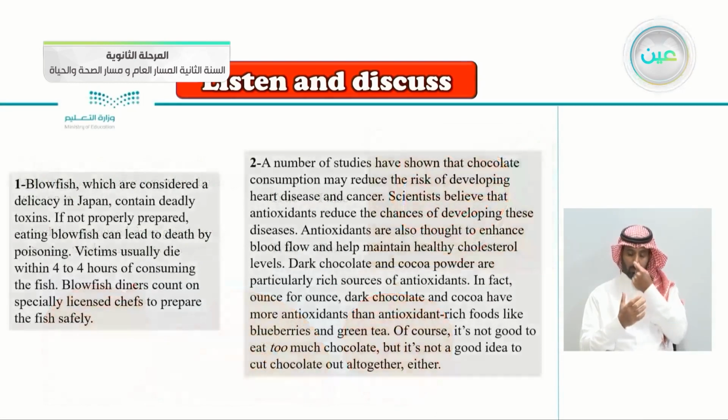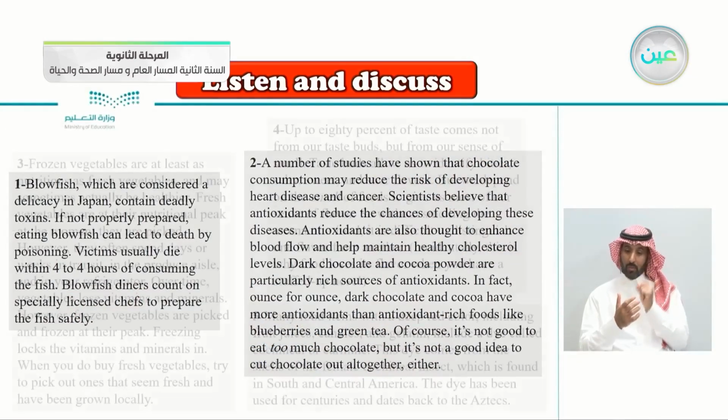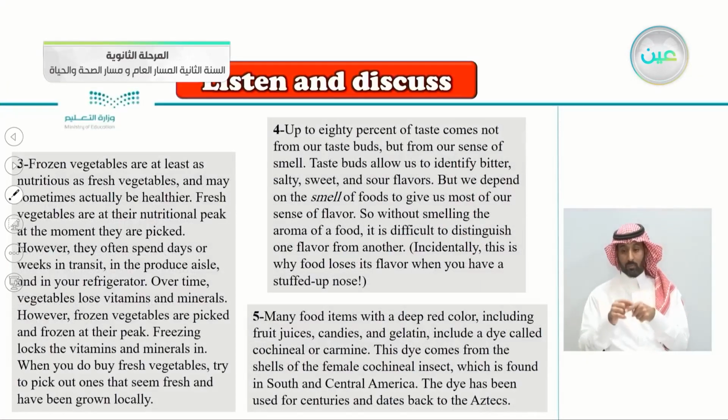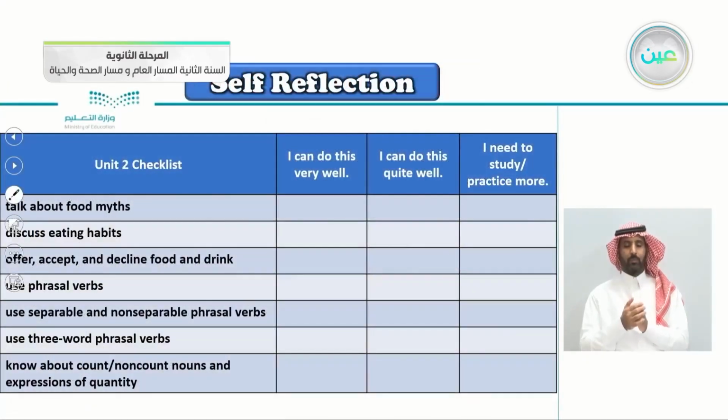So did you find this lesson, these articles, easy or hard for you? So talking about food myths, if you understood the lesson very well, you put it here. Quite well, check here. If you think you need more practice, check here.